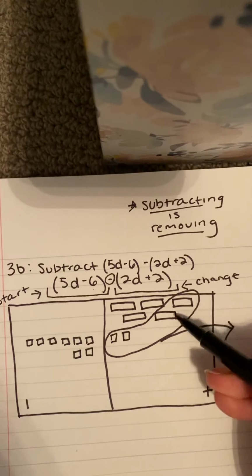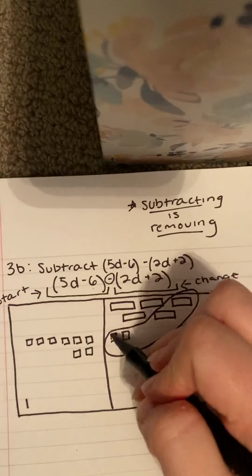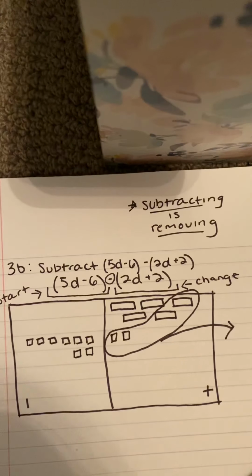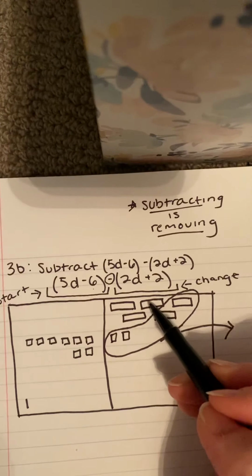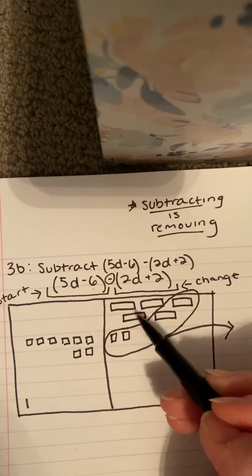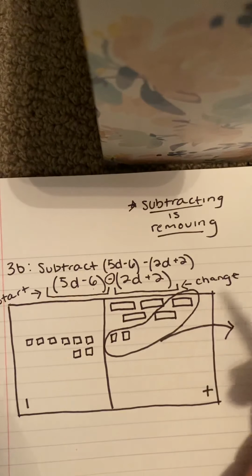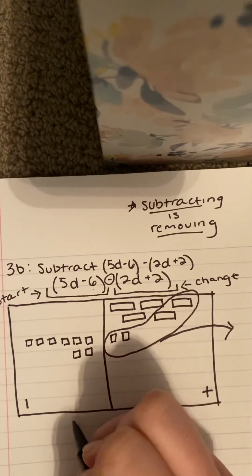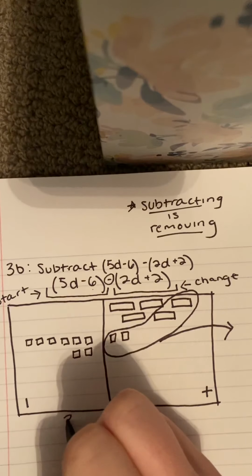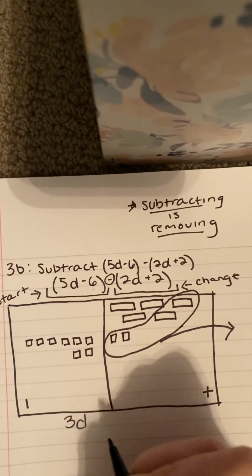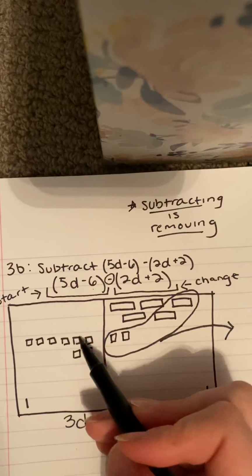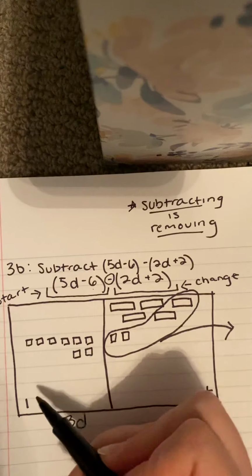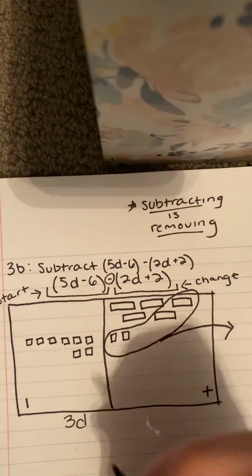So now these 2 rods are gone, and these 2 blocks are completely gone as well. So now what we're left with is 1, 2, 3 rods, so 3d. I can write that right here. Then we have 1, 2, 3, 4, 5, 6, 7, 8 blocks, but they're on the negative side.